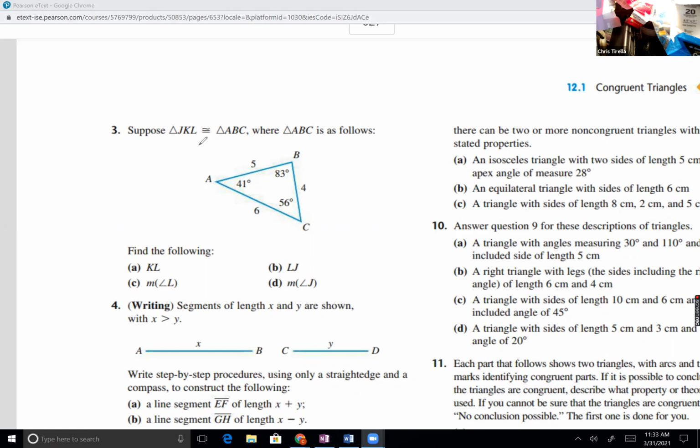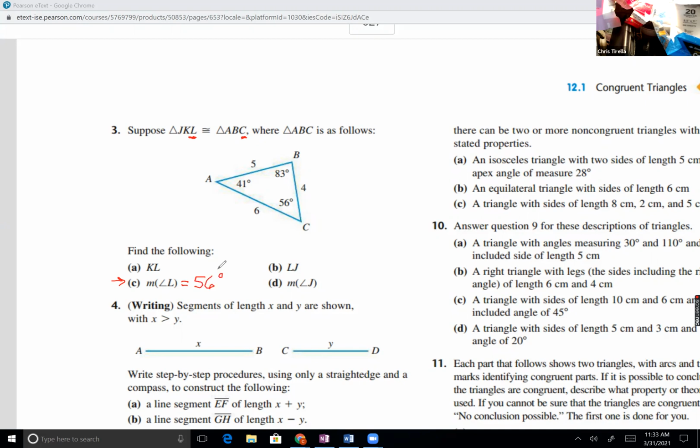So over here, I'm going to look down at C first. Angle L. By naming convention, doesn't angle L have to be congruent to angle C? And so angle L would have to be the same as angle C, 56 degrees.